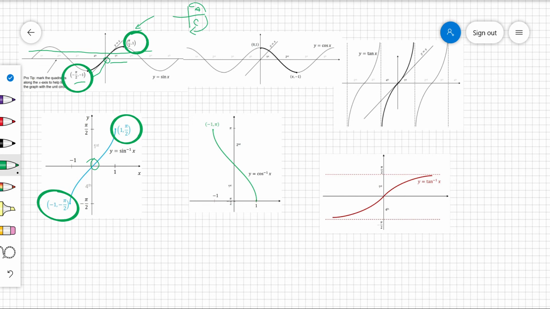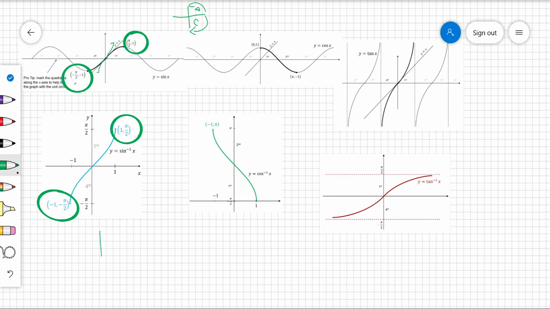If we put those together and reflect the curve on y equals x, you can see it becomes this curve below, hopefully. If we just reflect it, we get that curve.